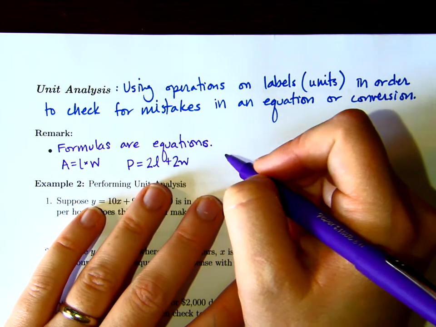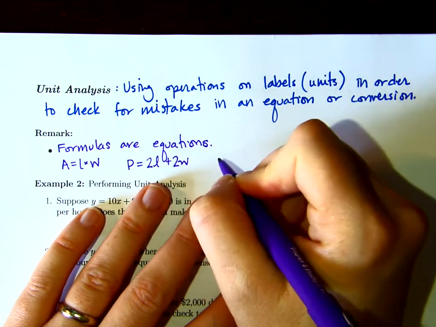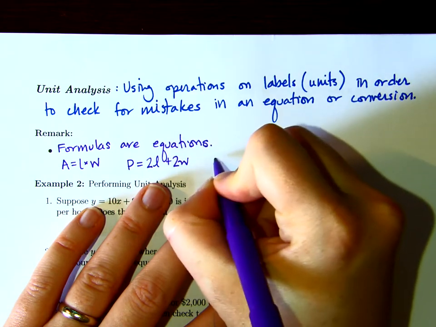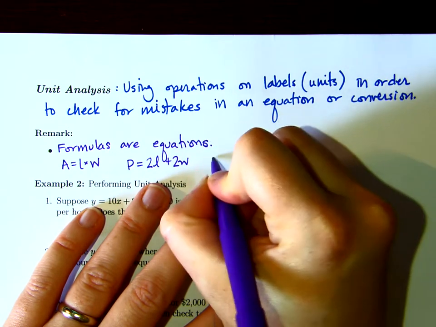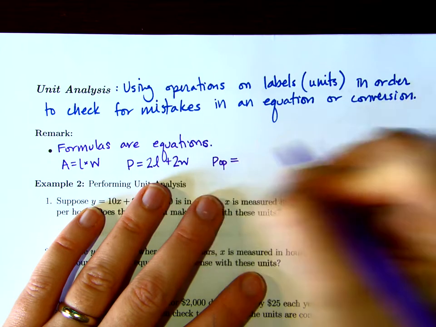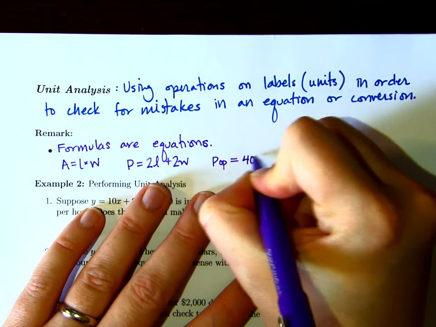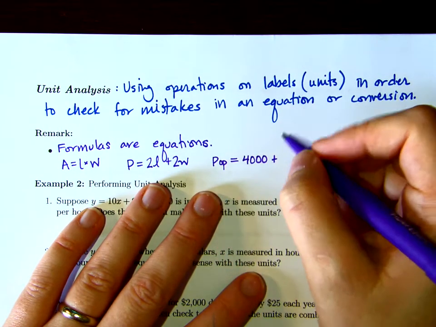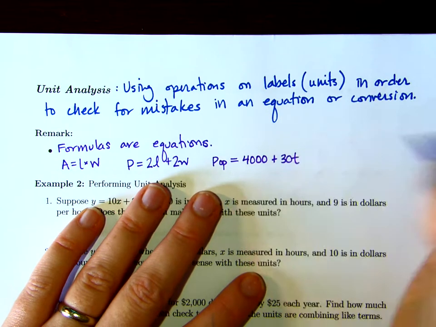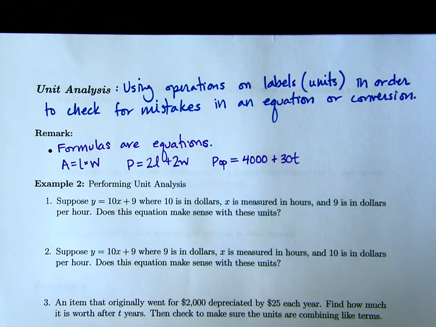I vaguely remember there was a city with a population of 4,000 that was increasing by 30 each year. There's a formula. Okay, still an equation, but it's a formula relating the population to the time past.